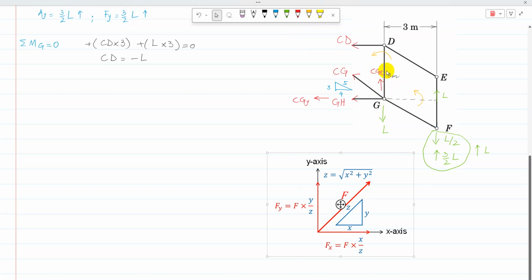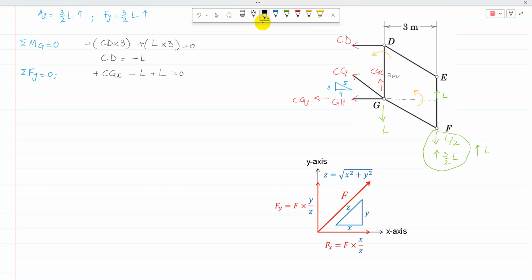When I talk about components, there is only one unknown component in the vertical direction, so I'll go for sigma Fy equal to 0 here. CGY is acting vertically upward, so CG is positive, and the load at G is acting vertically downward, so that is minus L, and the resultant load at F is acting vertically upward, so that is plus L equal to 0.